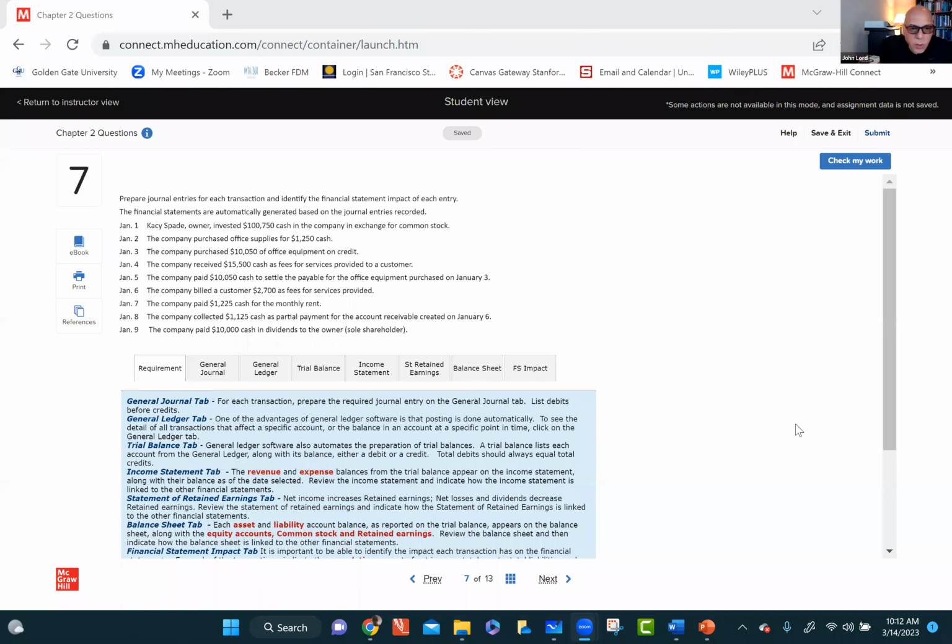Okay, and what I want to show you here is an example of a general ledger software system in which we will make transactions into a general journal electronically and see how a general ledger software system would then post those transactions to the ledger. And then we would have the various financial statements: income statement, statement of retained earnings, and balance sheet.